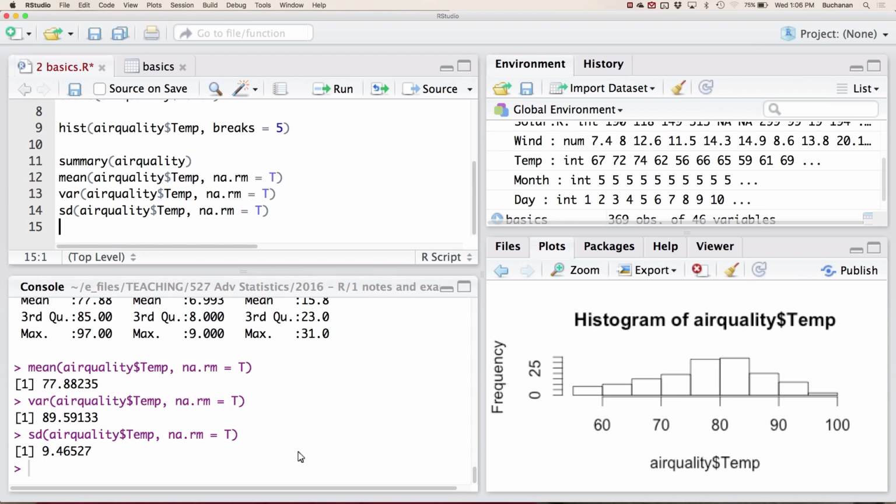So 9 points makes a lot more sense. So on average, the mean of this magical place is 78 degrees, and it varies about 9 points. And that makes sense. So 78 plus 9, 78 minus 9, that's the normal range of temperature. So you can think of standard deviation as what is a normal range of the data. Anything past 2 standard deviations is usually considered abnormal.